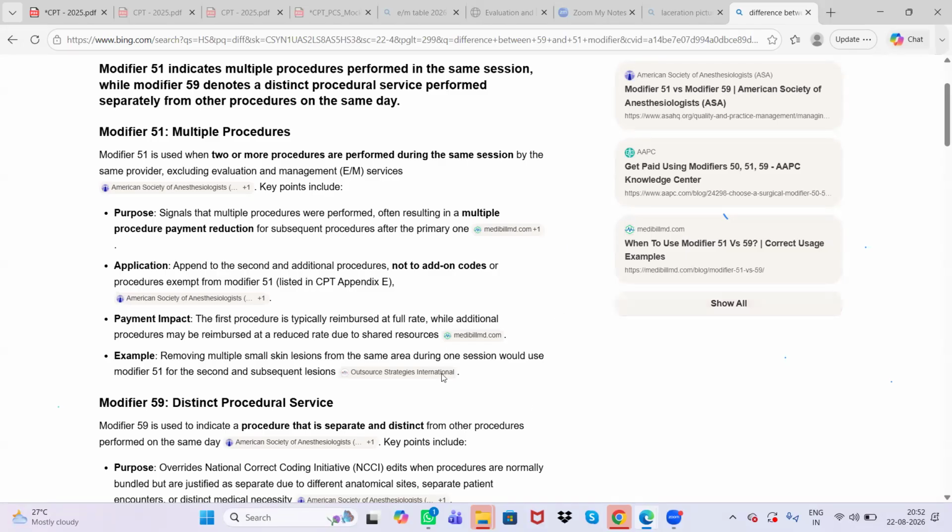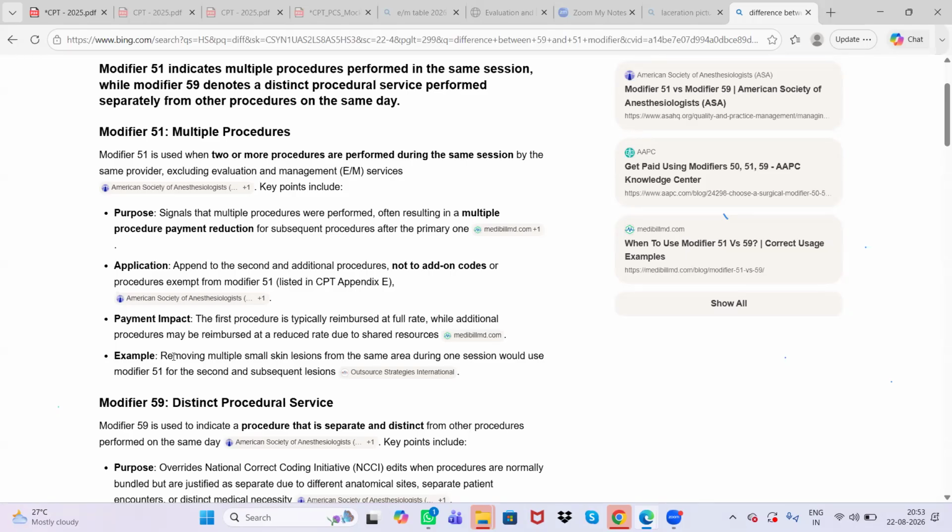Here is an example: removing multiple small skin lesions from the same area during one session would use modifier 51. If a single procedure is performed multiple times, yes, the 51 modifier is applicable. During the same session, if multiple procedures are performed, the 51 modifier is applicable.